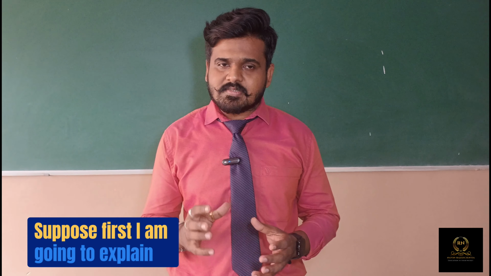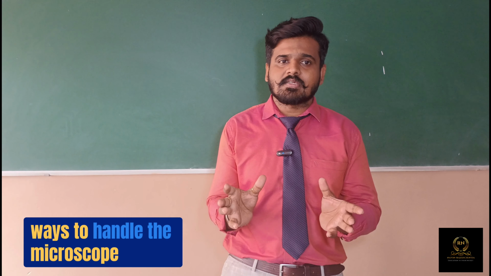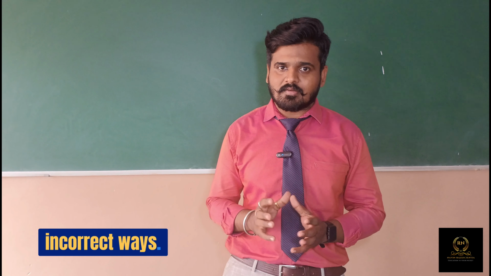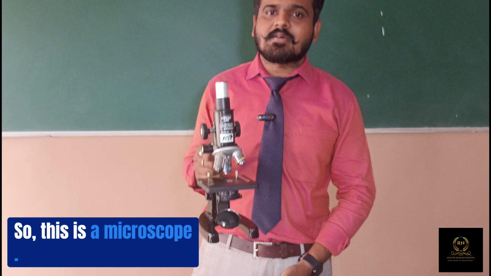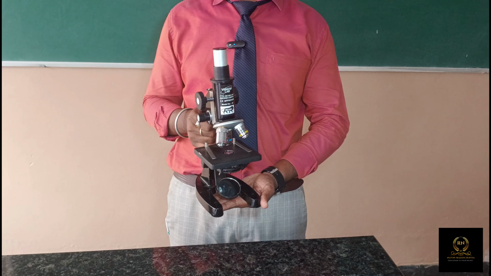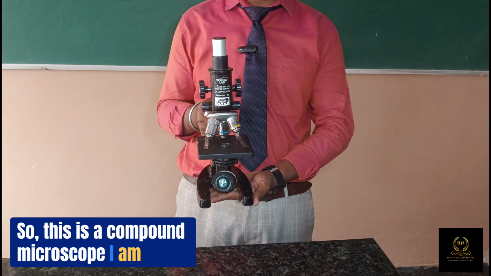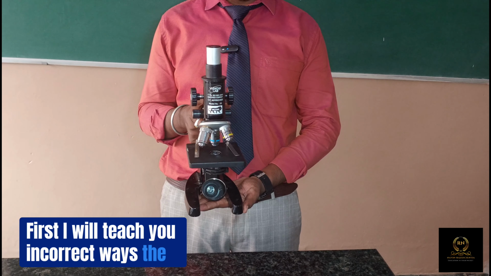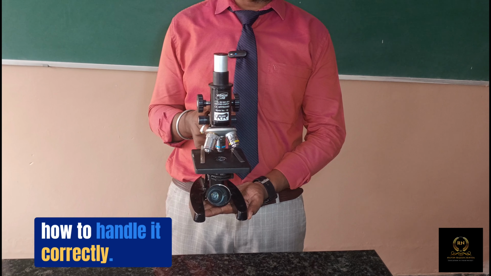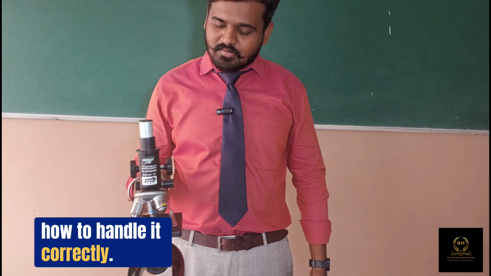First I am going to explain incorrect ways to handle the microscope. So I will take the microscope. This is a compound microscope I am holding right now. First I will teach you the incorrect ways many students use.